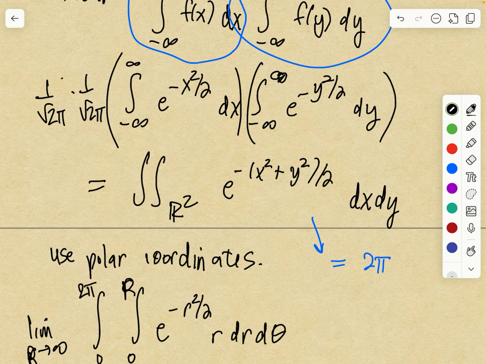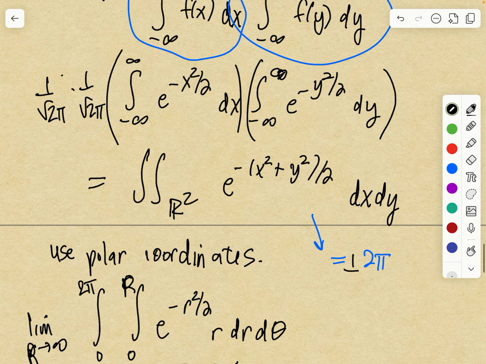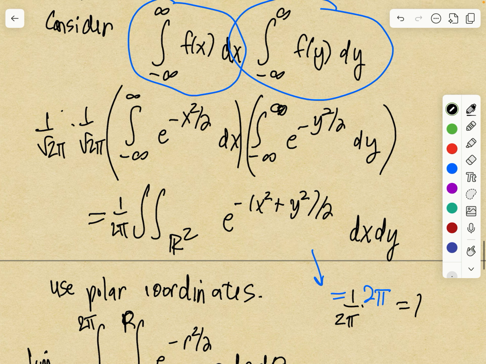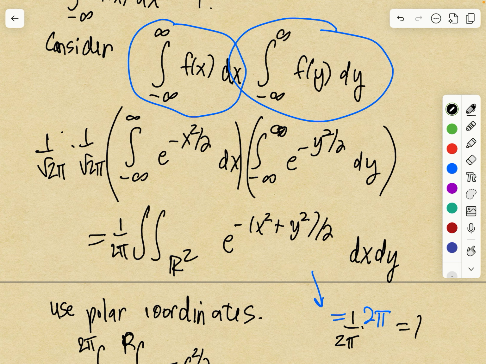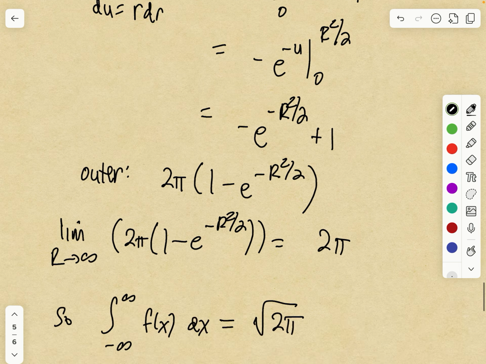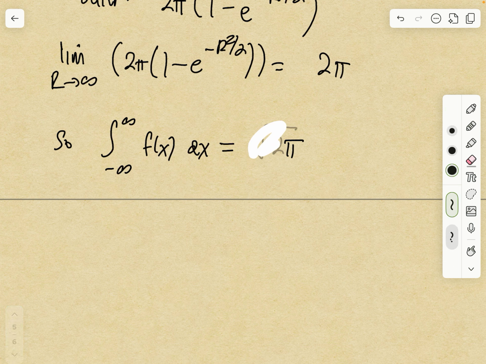So this double integral is equal to 1 over 2 pi times 2 pi, which is equal to 1. And so each of these is equal to 1. So that shows that you do have a density function, that this is a density function.